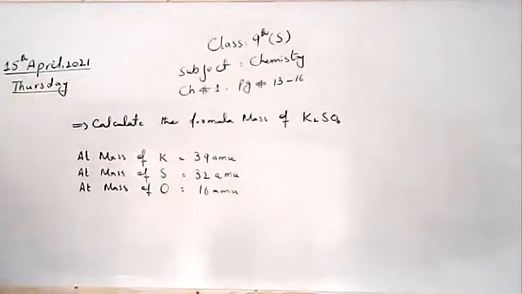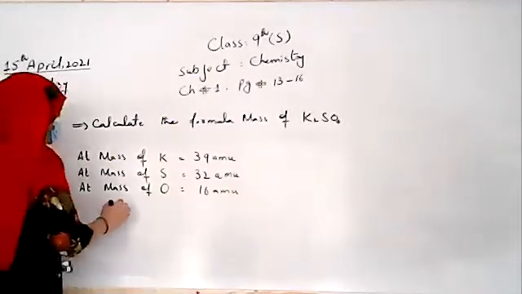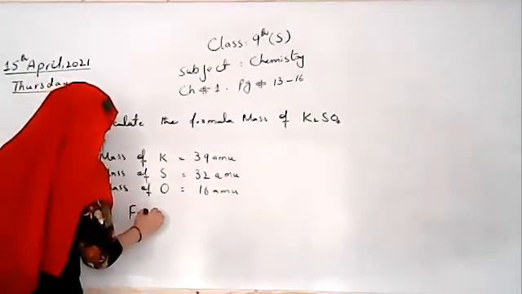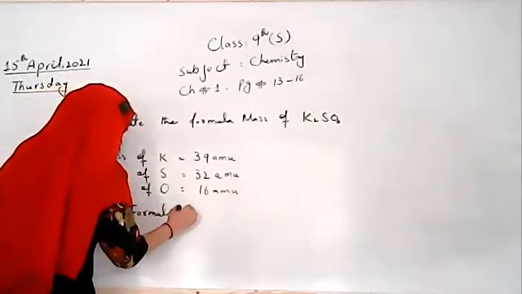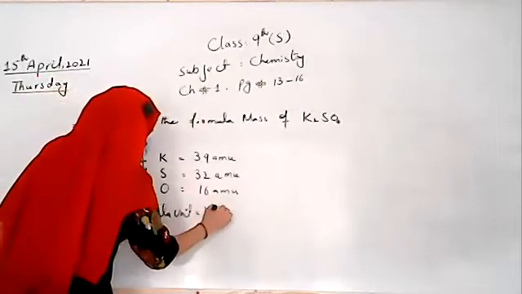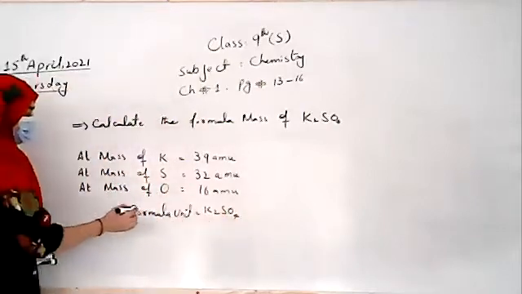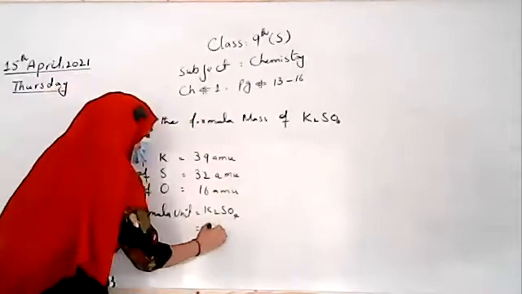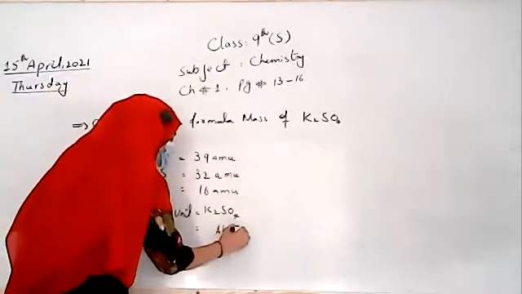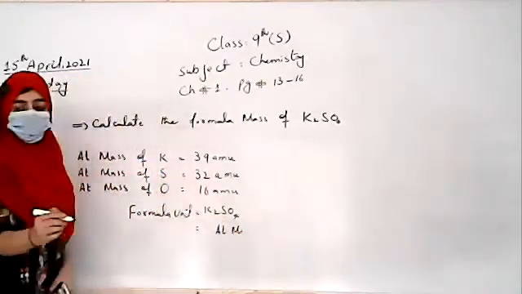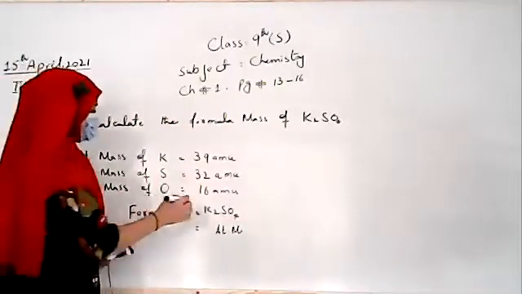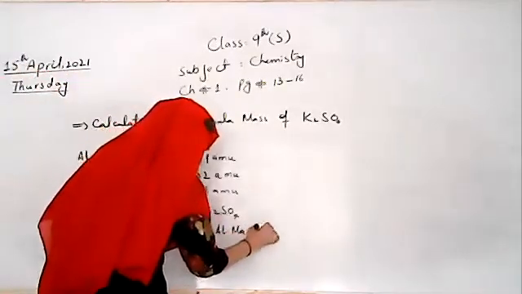Now write the formula mass. We need to find the formula mass. Its formula unit is K2SO4. Atomic mass of potassium.